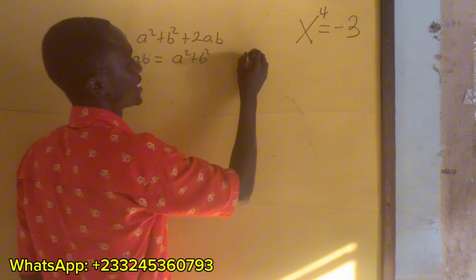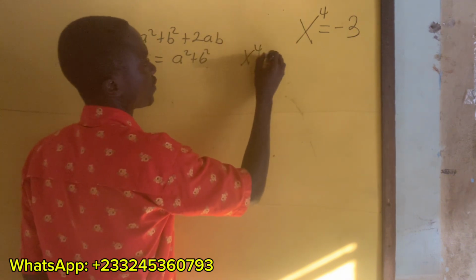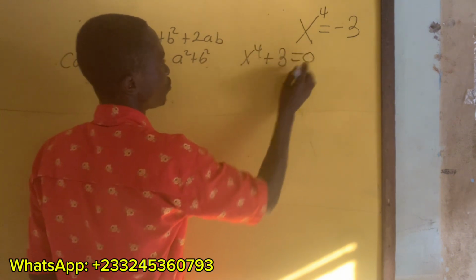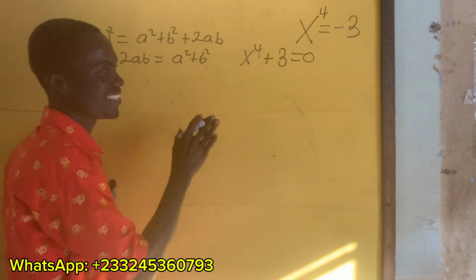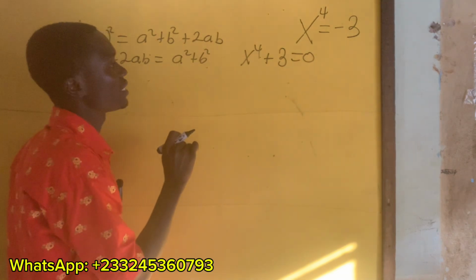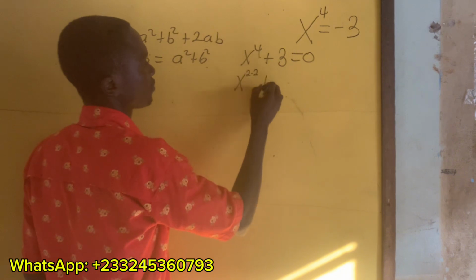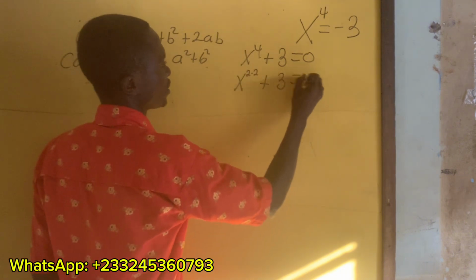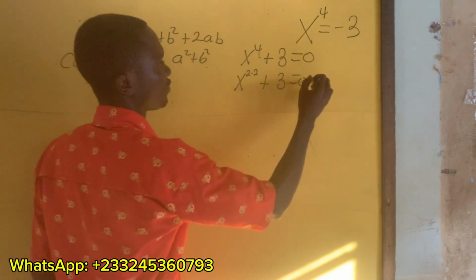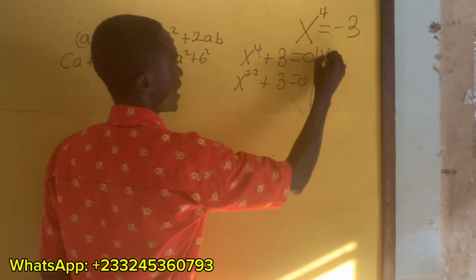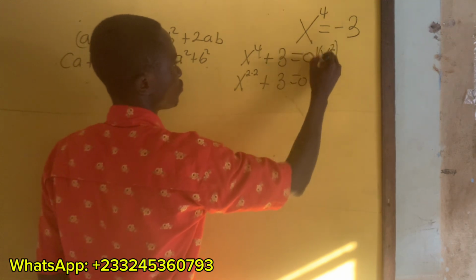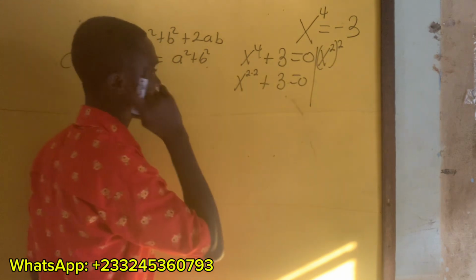Now, this can be written as x power 4 plus 3 equals 0. So how do we put this in this form? Very tricky, right? Let's see. This is x power 2 times 2 plus 3 equals 0. And we have x power 2 from the laws of exponents.